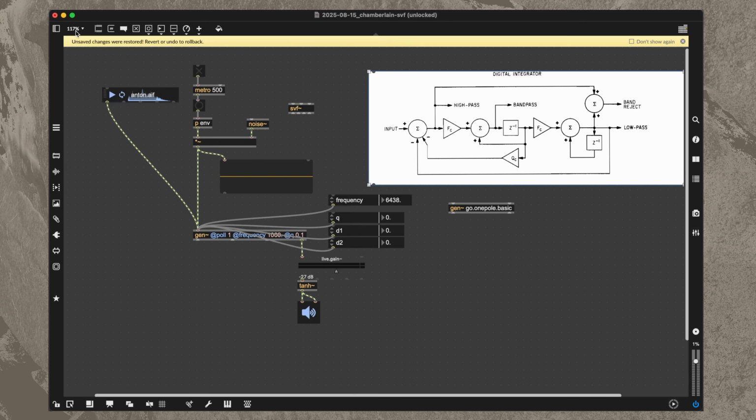Okay, let's hear it. So I have two samples here. One is just a burst of noise, so we can start with that. And then the second one is like a sample. So starting with the burst of noise, and we can start with the low pass filter. And we're at 6,400-ish hertz.